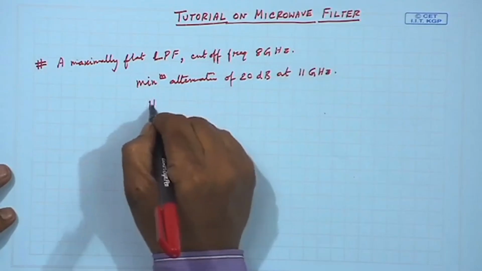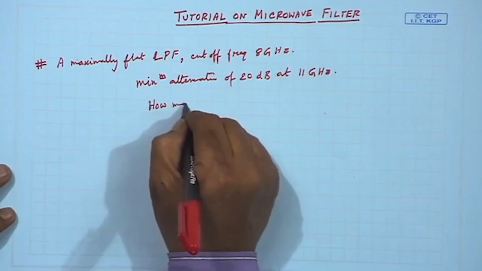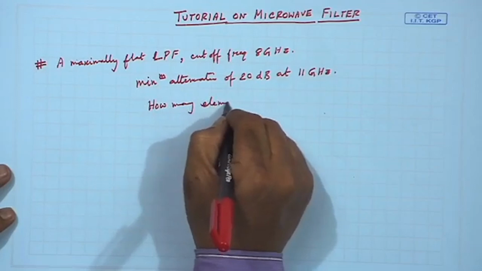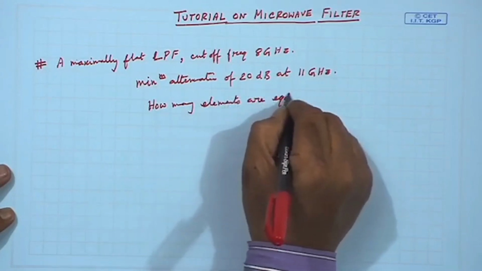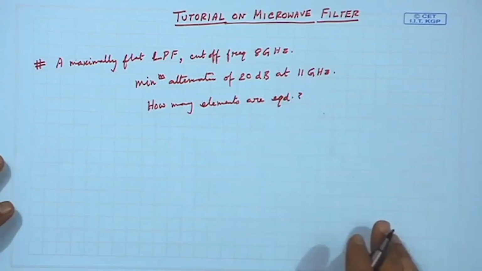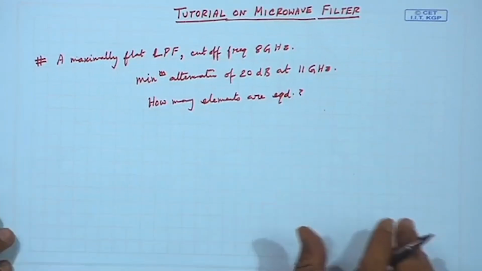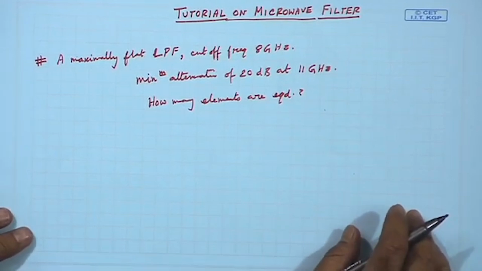So, how many elements are required? Elements means how many inductances, capacitances, etc. How many are required?